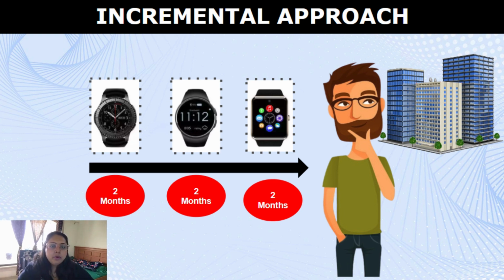He will be launching the first version as a basic version, and then at a frequency of 2 months he will be introducing the new versions of the smartwatch. This will help Jack to incrementally launch his product in the market at the frequency of 2 months.